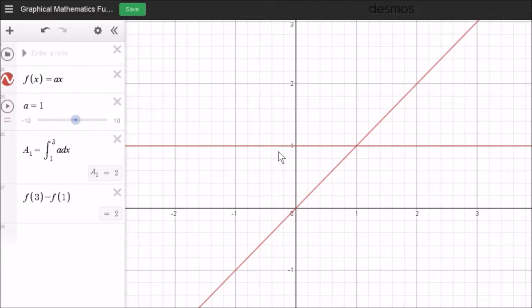So we know that this differentiated function tells us something about the original function. The differentiated function tells us the gradient of the original function. But the secret here about the fundamental theorem of calculus is that the original function also tells us something about the differentiated function.